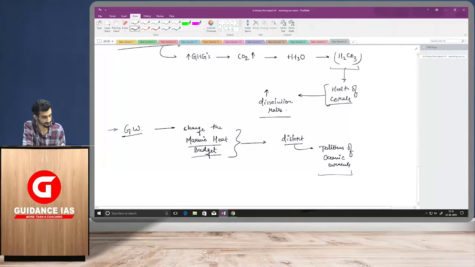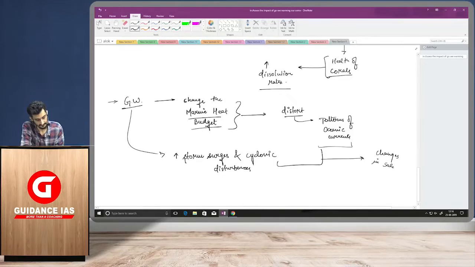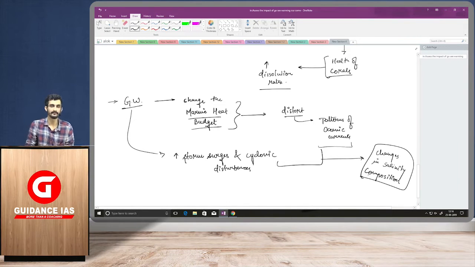At the same time, global warming will also lead to what? It will lead to higher storm surges and cyclonic disturbances, and these both will lead to changes in salinity composition. So this all will have a very negative impact on the health of the coral life systems.